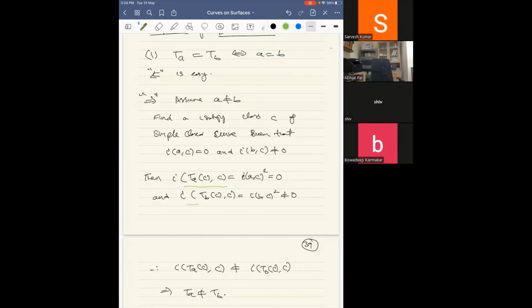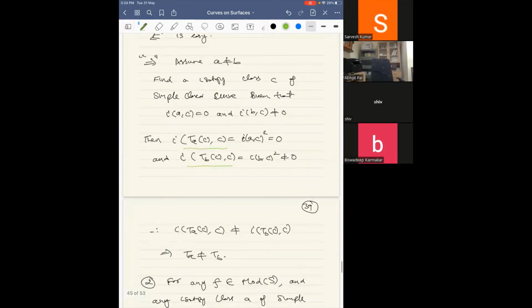On the other hand, if you look at the intersection number of T_B(C) and C, you get some non-trivial quantity. This is 1 times the intersection number of B and C squared, but B and C intersect non-trivially, so their geometric intersection number is non-zero. So the action should be different.